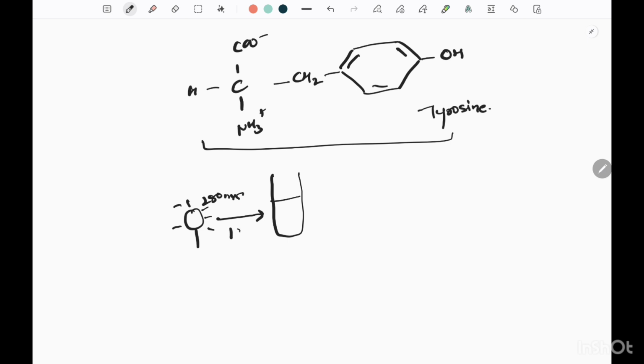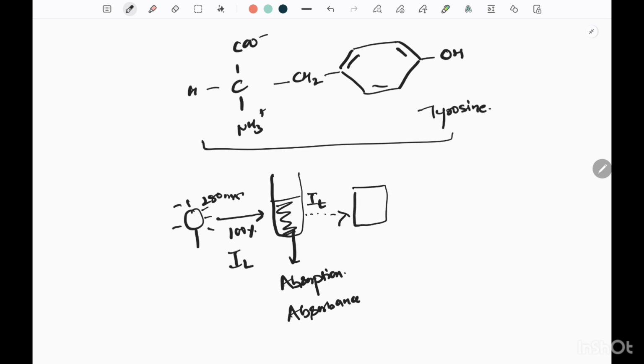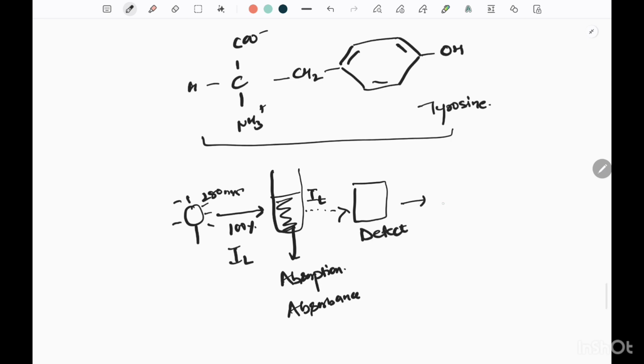Let's suppose 100% of incident light is coming, which I'm going to label as IL, and some absorption is going to take place. So the absorbance is happening, and then there is a transmitted light, called IT. Then there will be a detector which detects the light, and based on that I'll have an output of how much incident light has been absorbed by the solution and how much has been transmitted.